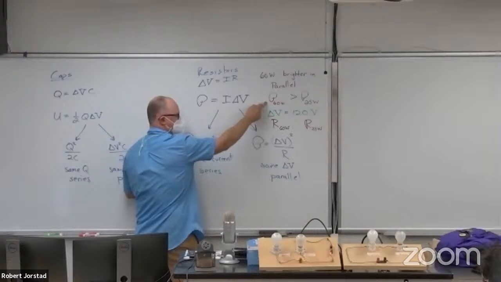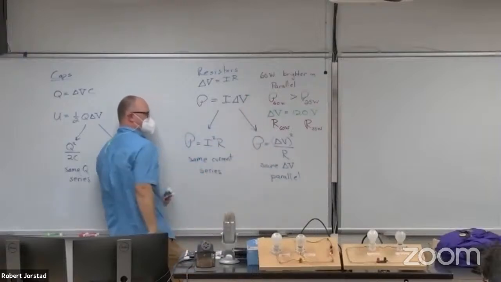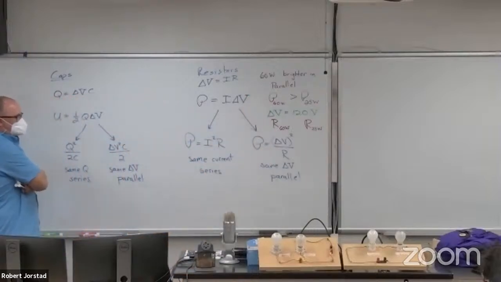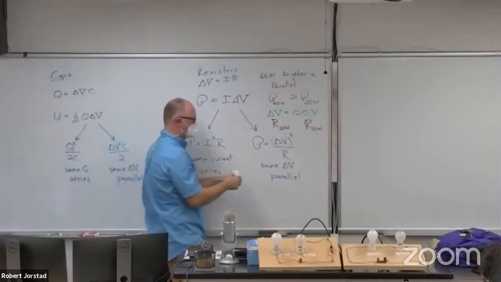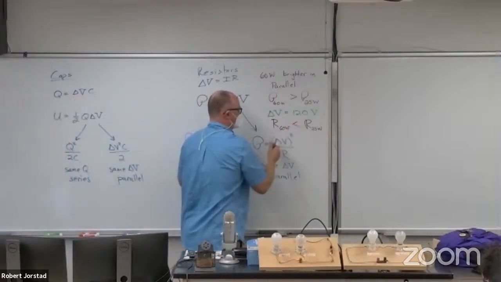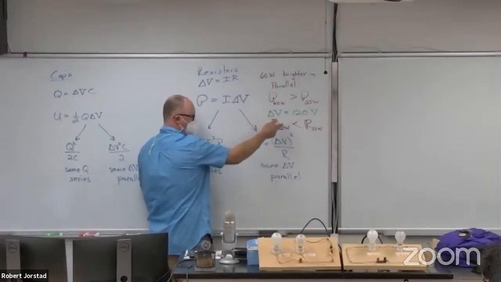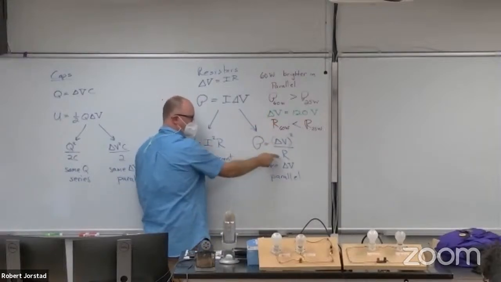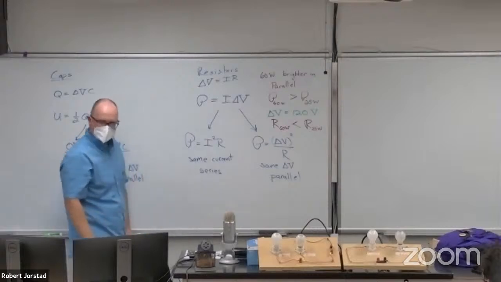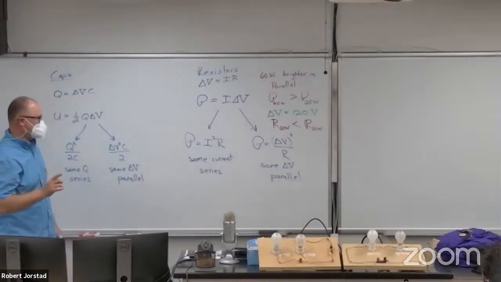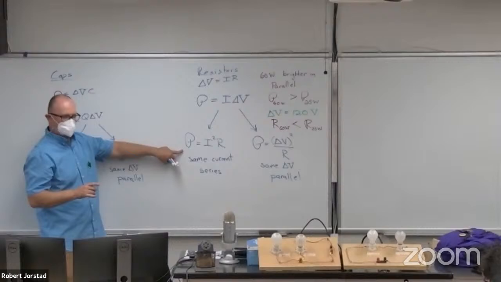This one's brighter. What does that tell you about its resistance? You just told me this. In order to get more power with the same volts, I need less resistance. Should we be able to check that with this series result?